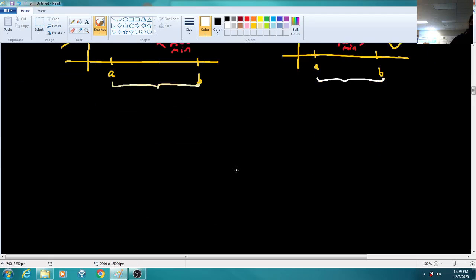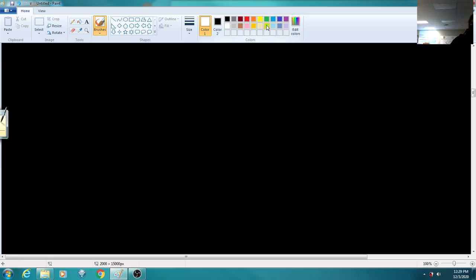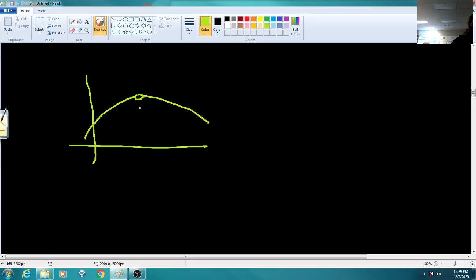Now, there's a couple weird cases if stuff's not continuous, like maybe if we had a removable discontinuity, so we had like a parabola shape, but the Y value is missing there. Let's say the actual function value is down here. If you look from A to B, A is here, B is here.